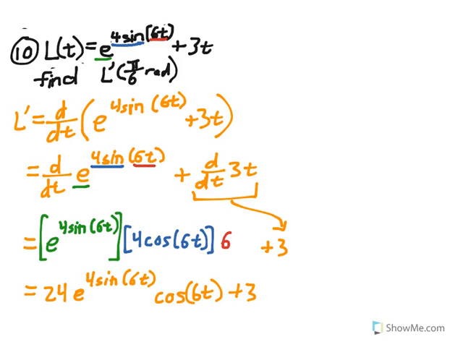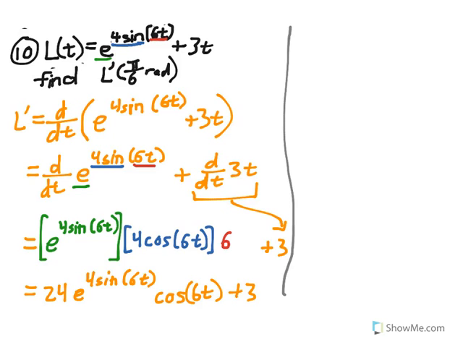We're asked to find the derivative when t is equal to pi over 6 radians.